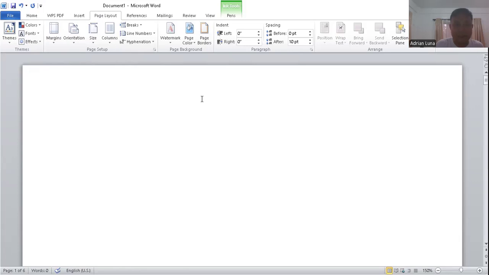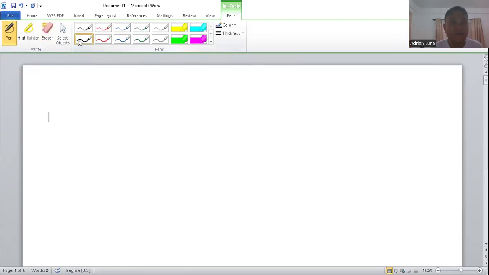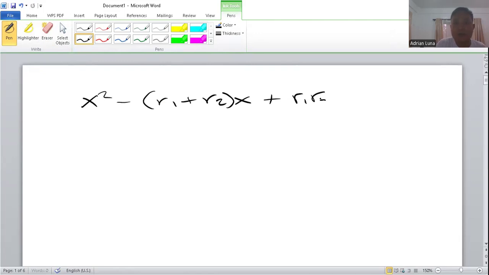And Vieta's formula is denoted by x squared minus the quantity of R1 plus R2 x plus R1 R2 is equal to 0.